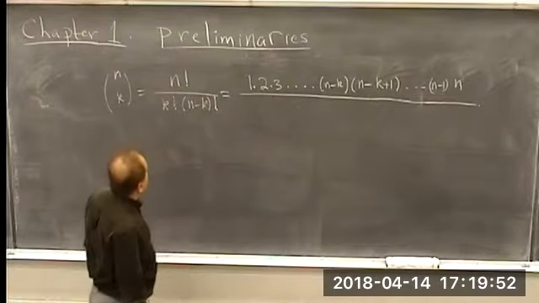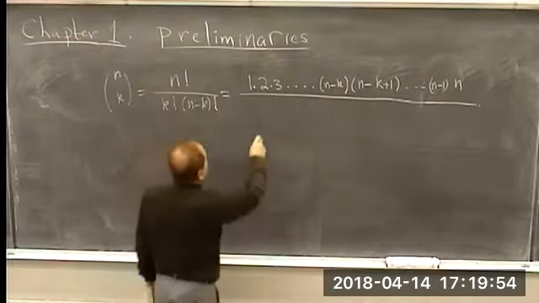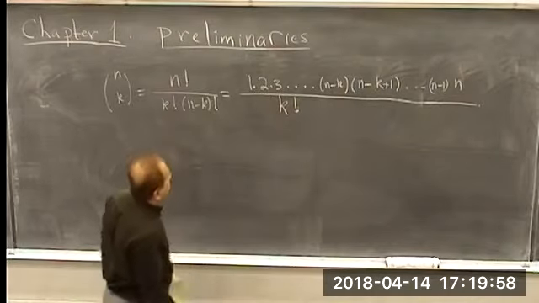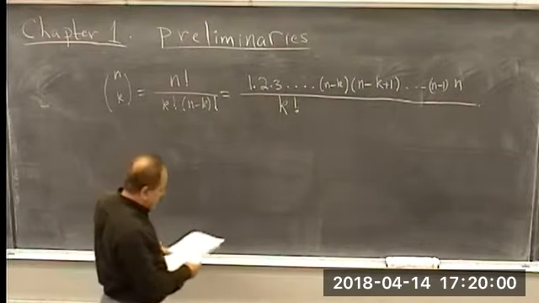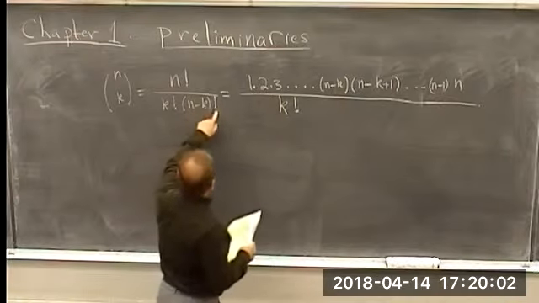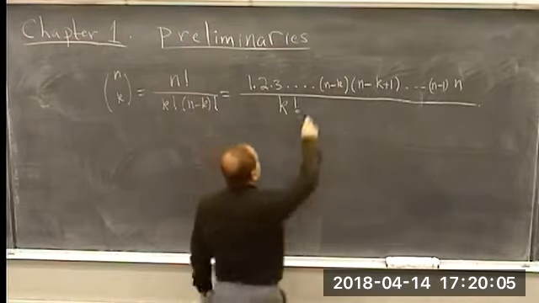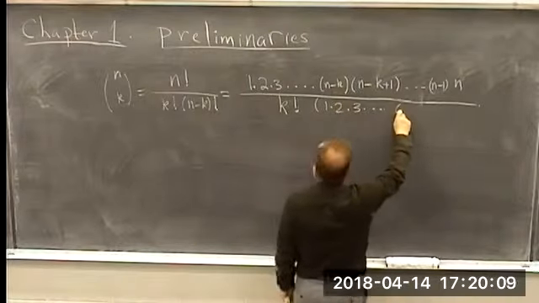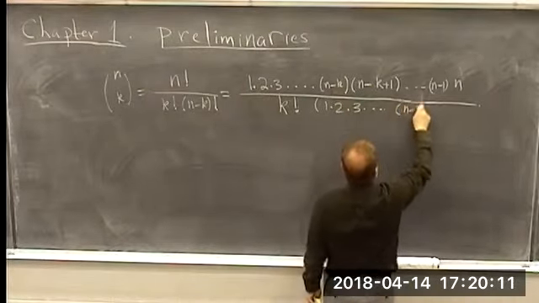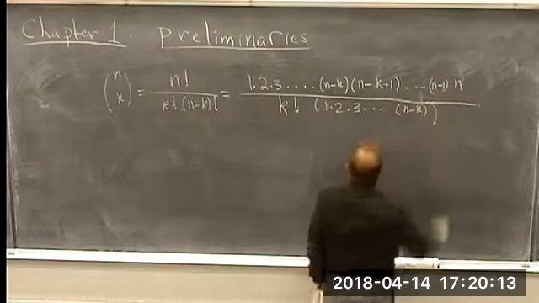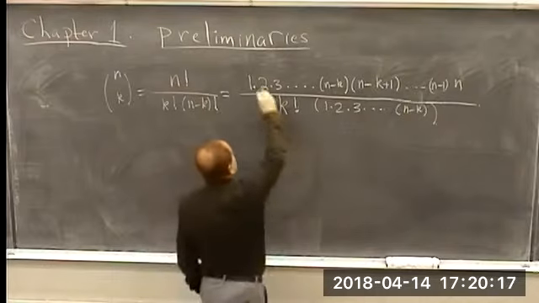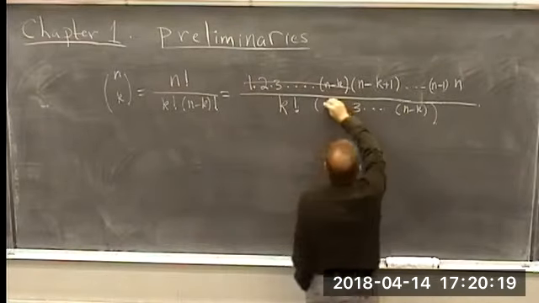And then the k factorial here, I'm going to leave it as k factorial. And then we have this n minus k factorial. This one is 1 times 2 times 3 and so on, up to n minus k. All right. Now we can cancel out all of this with all of this.